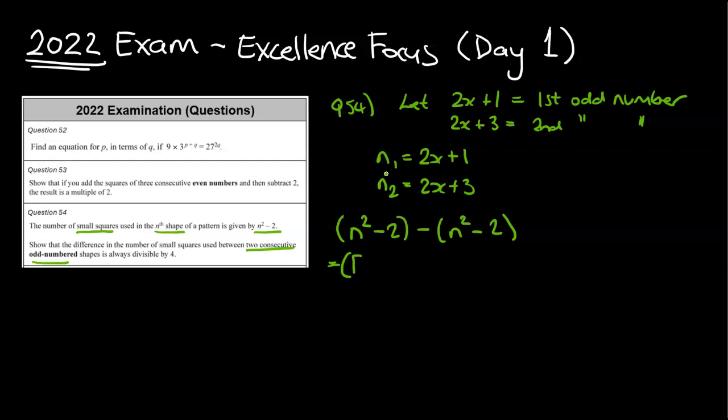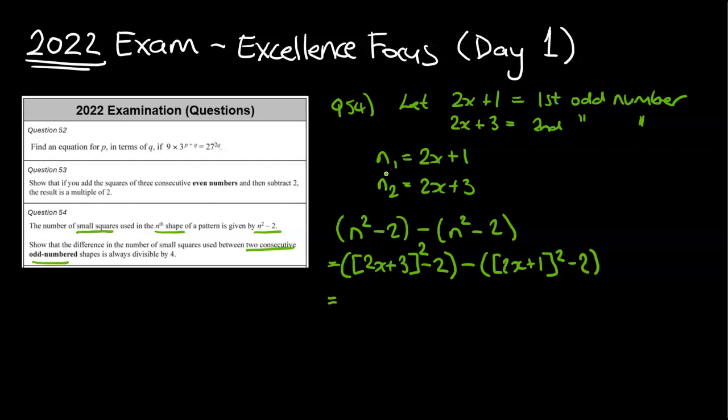So this is going to look very messy. So we're going to have some square brackets. That's going to be 2x plus 3 square bracket minus 2. And all of that is then going to have the next one taken off it. And that's going to be, oh, I forgot the squared there. 2x plus 1 square bracket squared minus 2 open bracket. So we now need to expand this.